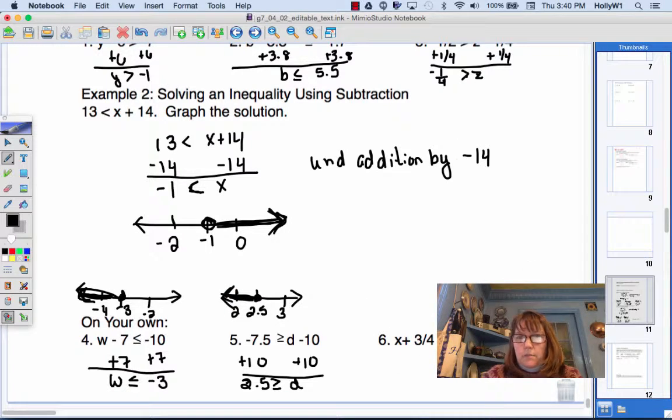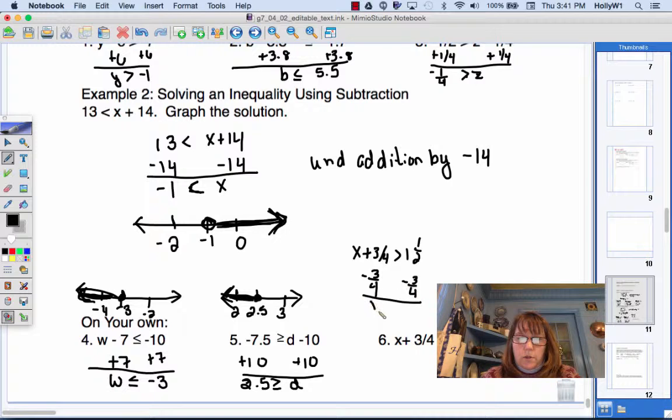I'm afraid my picture might be over this one, so I'm going to write it up here. So x plus 3/4 is greater than 1 1/2. So I'm going to subtract 3/4 from both sides.